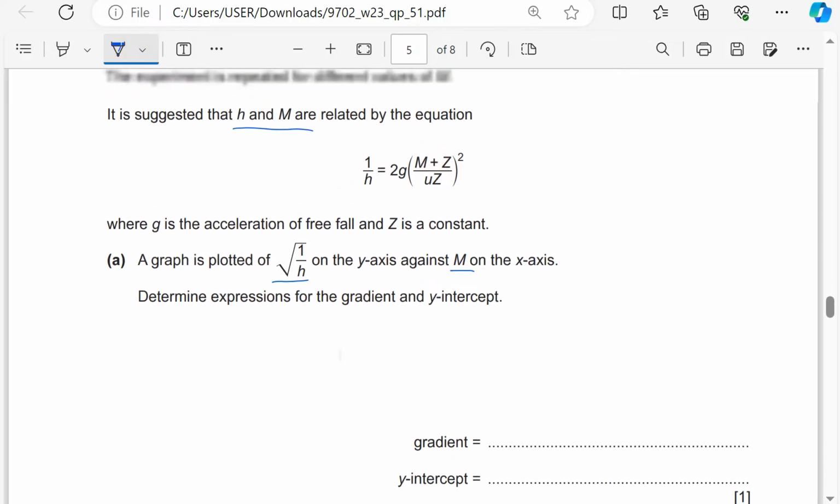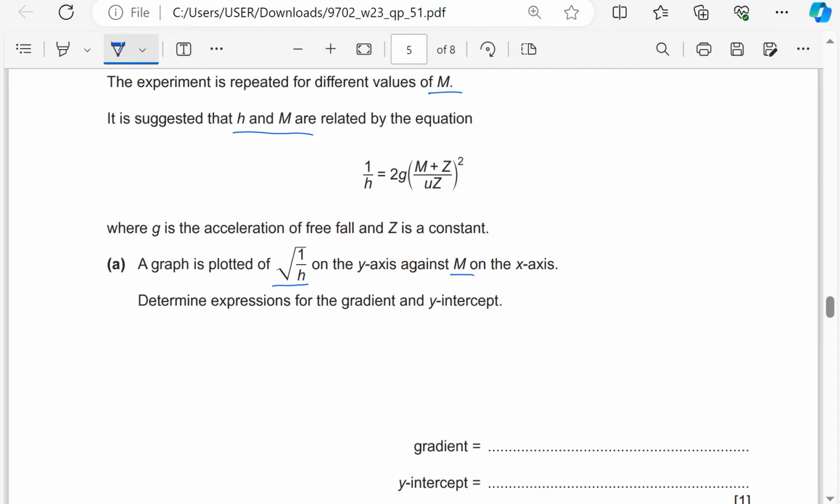So we must make root of 1 over h the subject. Introducing square root to both sides, the square root of 1 over h is equal to the root of twice g divided by uz, times m plus z.